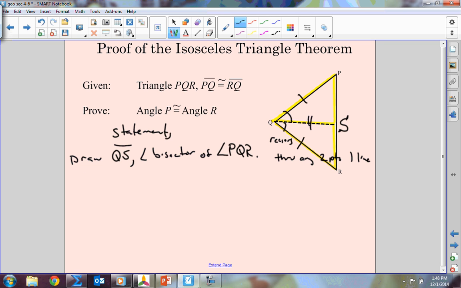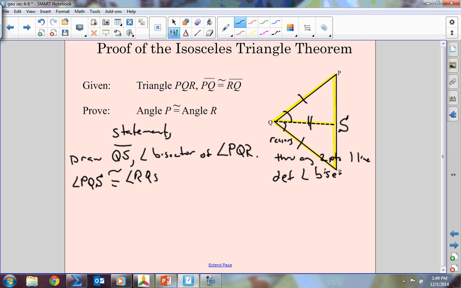So that means that angle PQS, rats, is congruent to angle RQS, because that's what angle bisectors do.